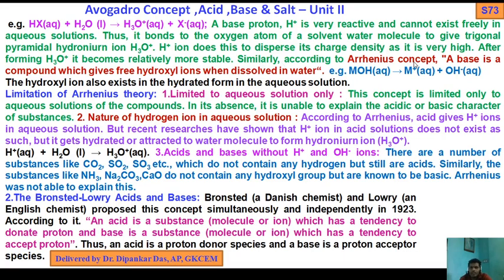Similarly, according to the Arrhenius concept, a base is a compound which gives free hydroxyl ions when dissolved in water. For example, MOH dissociates into M plus and OH minus in aqueous solution.